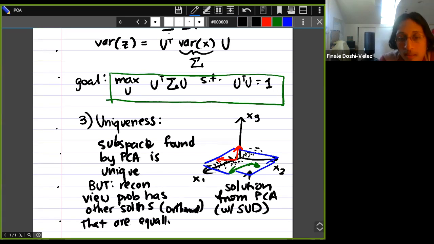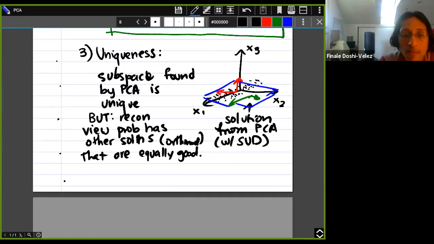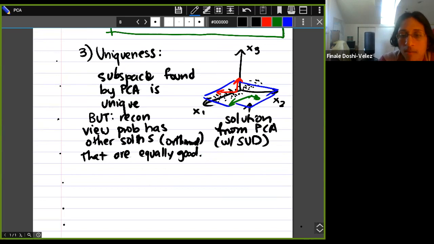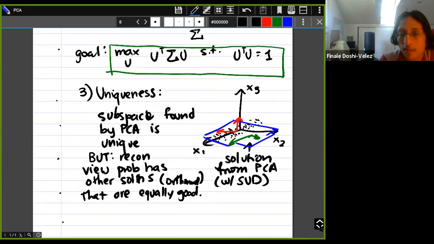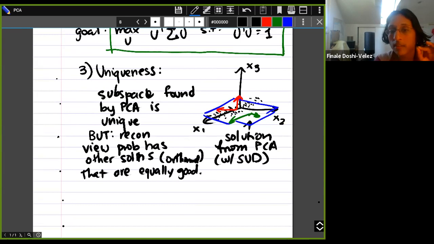So this is a sense in which the loss that we wrote down still didn't have a unique solution. We said the goal from our loss was that we wanted to minimize the reconstruction error, and we wanted those U's to be orthonormal.